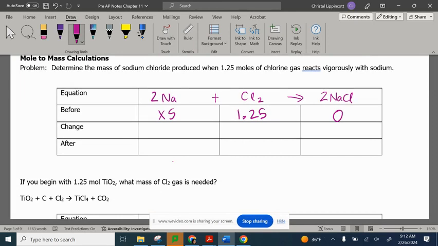So now I'm going to take this up into my cloud. When I go up into my cloud, I divide. So 1.25 divided by 1 is still 1.25. If it makes it easier on you, delineate between your products and your reactants so that you know that you're subtracting from this side and you're adding to this side.